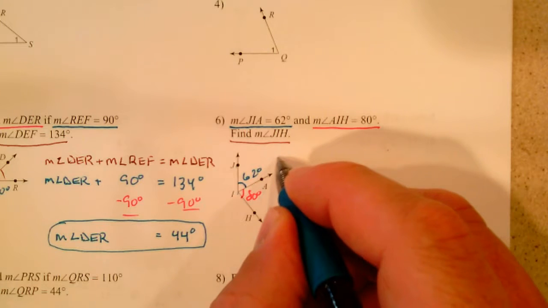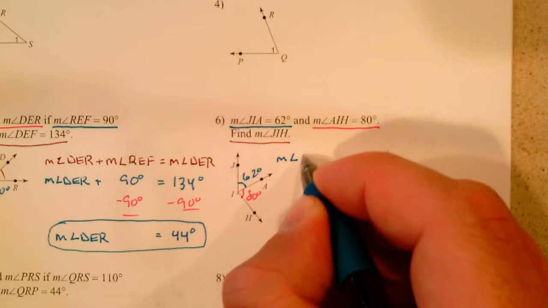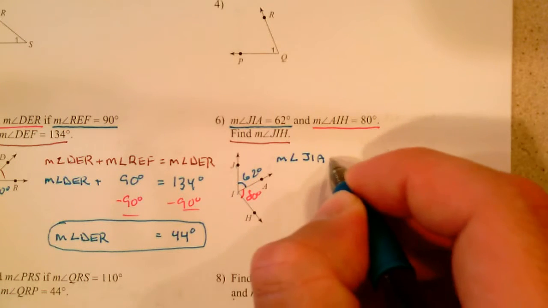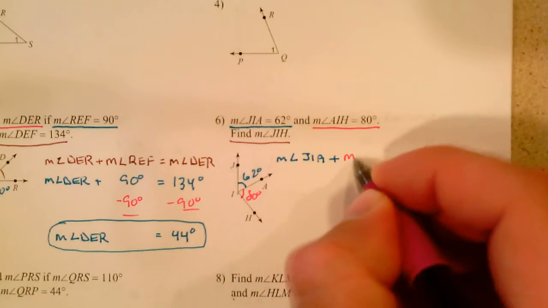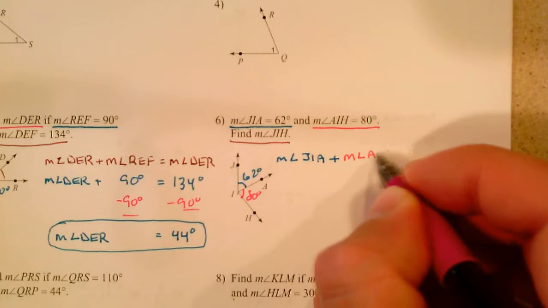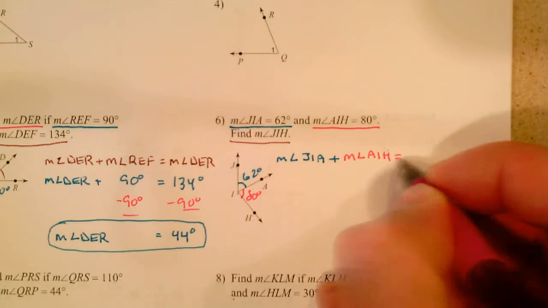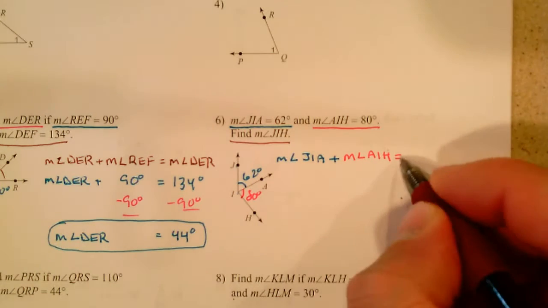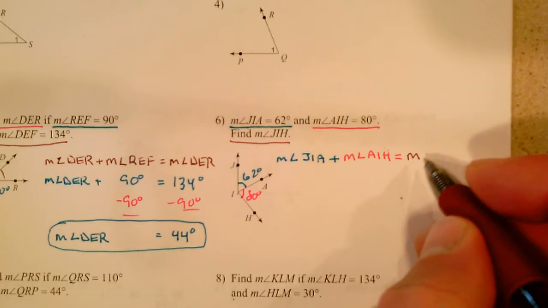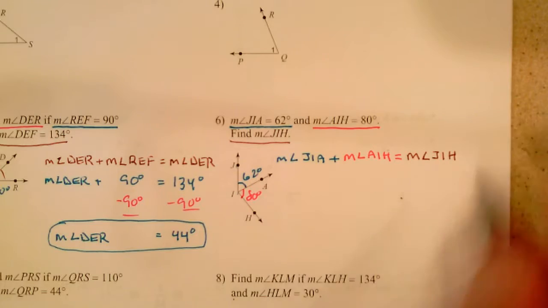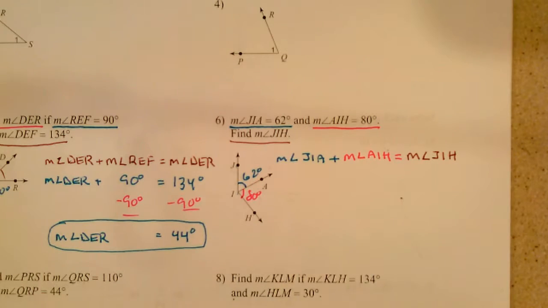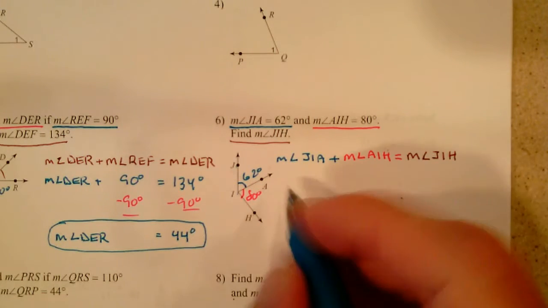So we know that the measure of angle JIA, that's the small angle here, plus the measure of angle AIH equals the measure of angle JIH. So the two small angles add up to the big angle. Then we're just going to go in and substitute our values.